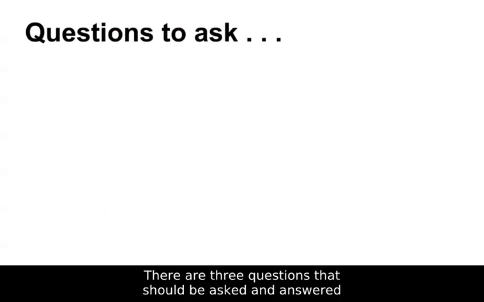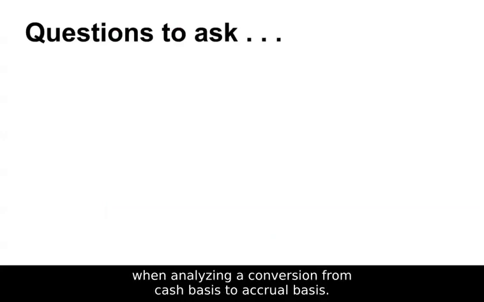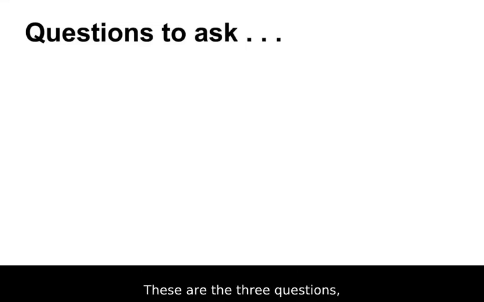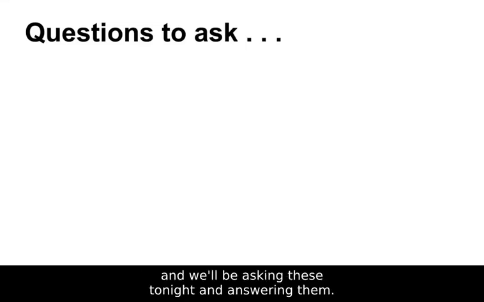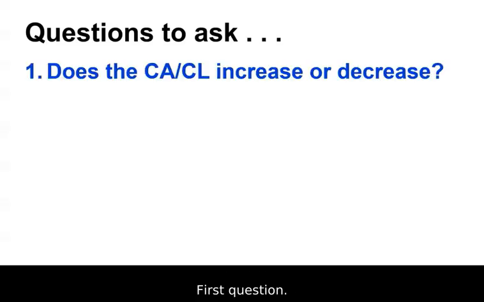There are three questions that should be asked and answered when analyzing a conversion from cash basis to accrual basis. These are the three questions, and we'll be asking these tonight and answering them. First question, does the current asset or current liability increase or decrease?